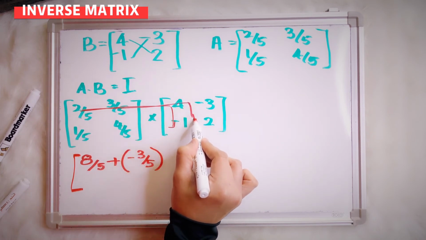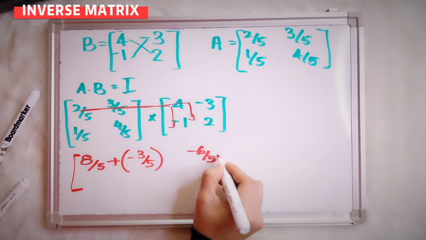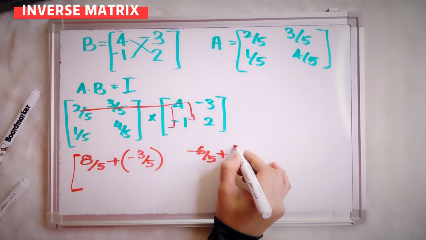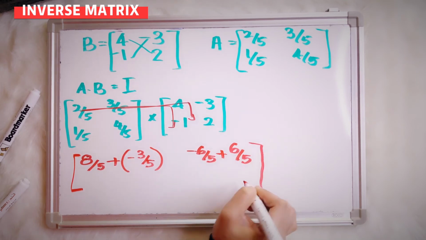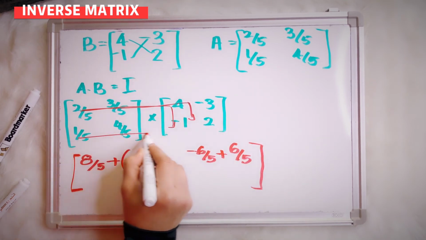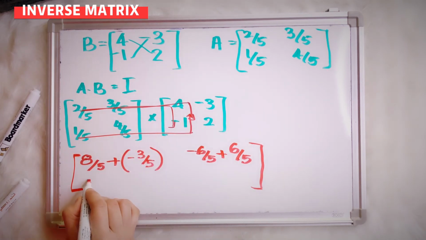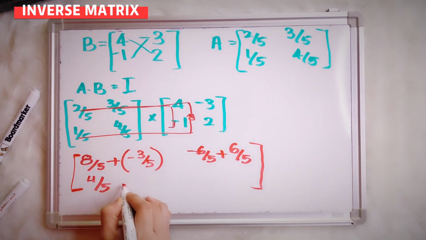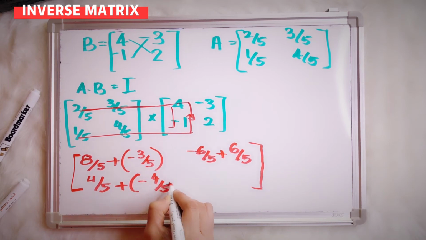Do this part. Now, 2 times 3, you have negative 6 over 5 plus 6 over 5, because 3 times 2, 6, right? Okay, settle this part. Now here, going up. 1 over 5 times 4, we have 4 over 5 plus negative 4 over 5.